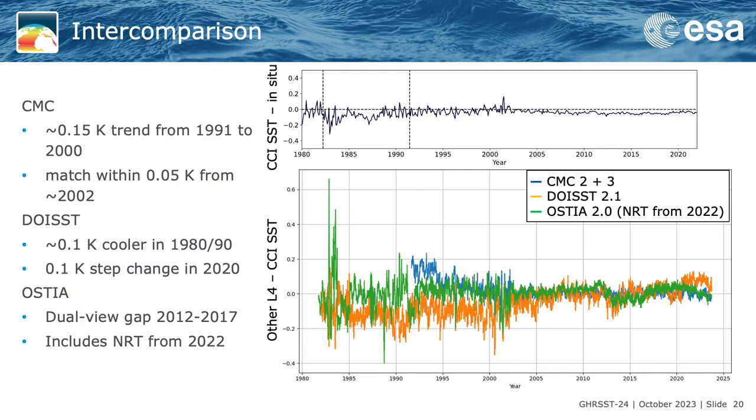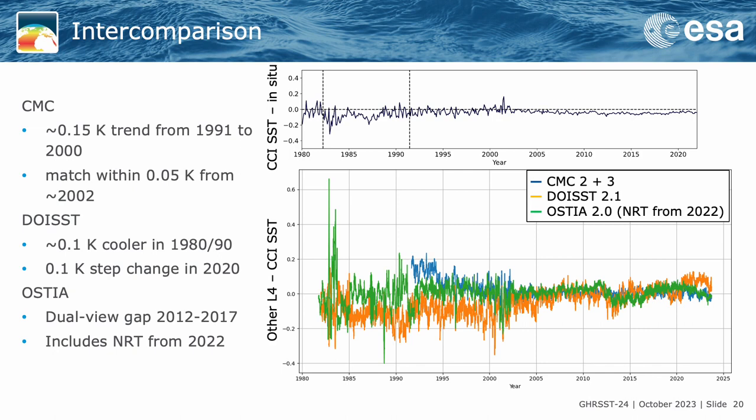DOI SST shows a longer term trend, being about 0.1 degrees cooler than CCI in the 1980s and 1990s. It was broadly in agreement with CCI from the late 2000s, but has a step change to 0.1 degrees warmer in late 2020. This is likely why it shows the end of March 2023 temperature higher than the other datasets.